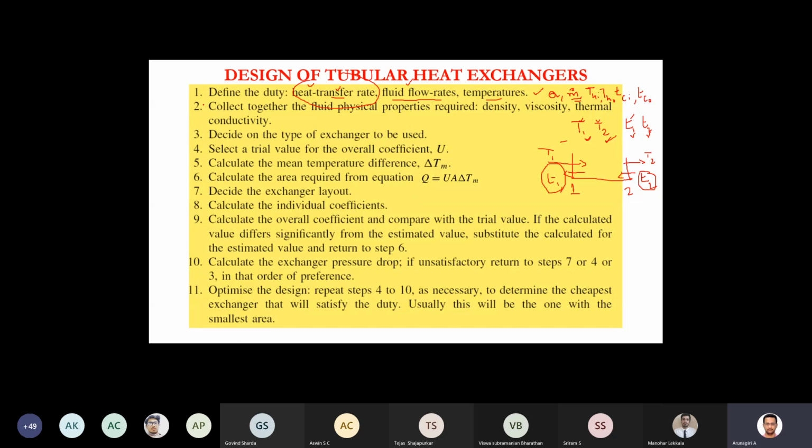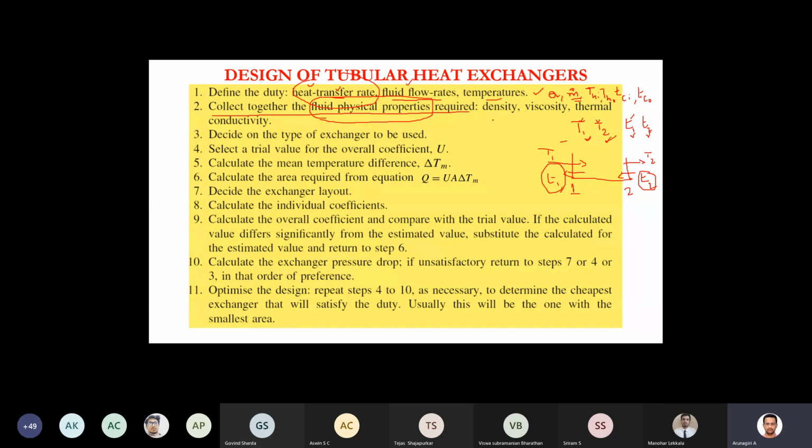That's the point. So we know the general design procedure. First, we will specify the need, or fix the requirements. Then we will collect the data required for heat exchanger design. The main data is fluid physical properties.